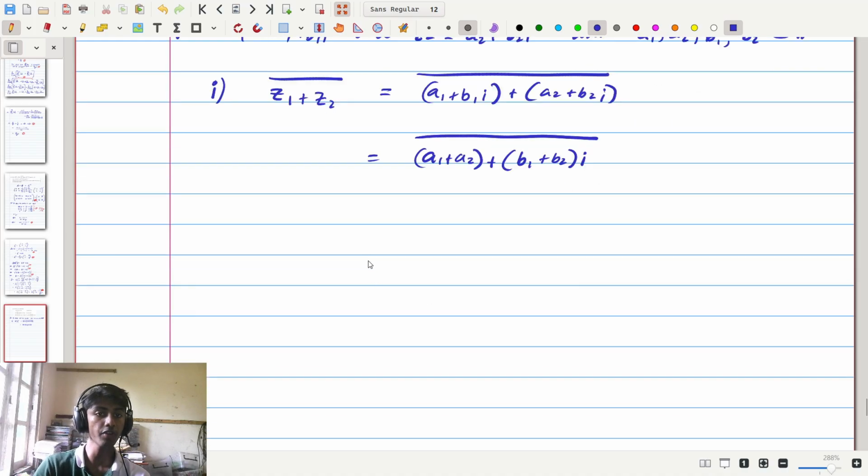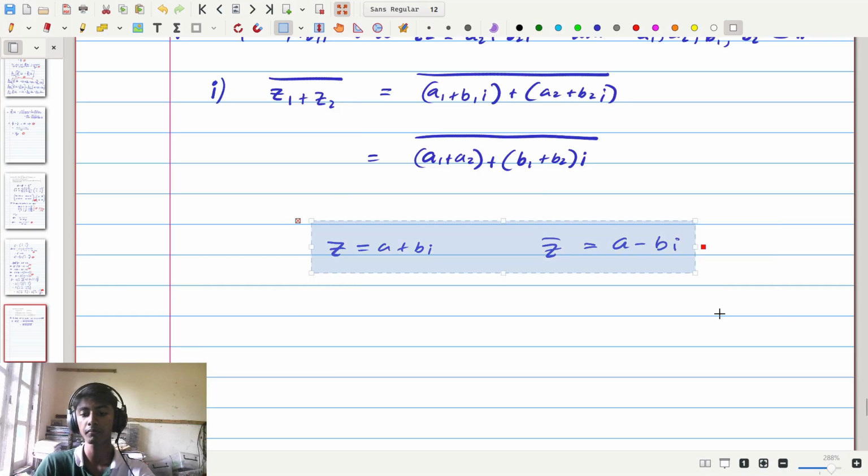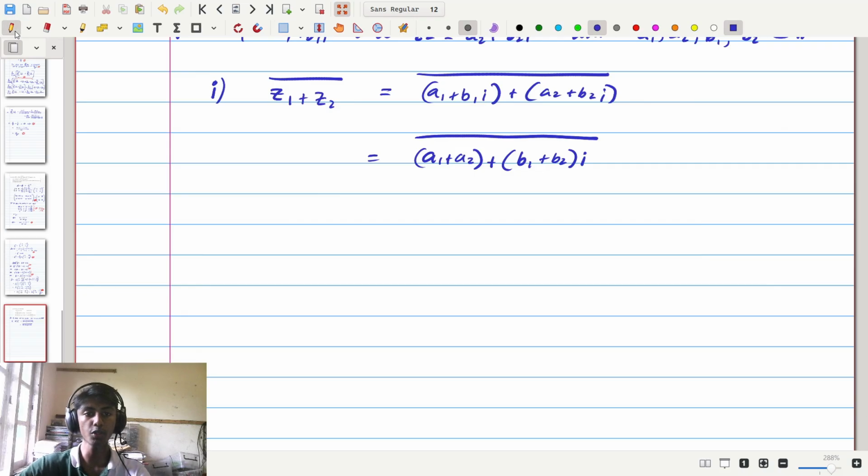Now at this point, we have to use the fact that for any complex number Z of the form A plus Bi, the conjugate of Z is equal to A minus Bi. So basically, the imaginary part becomes subtracted. In this case, the real part remains as A1 plus A2, but the imaginary part becomes negative, and therefore instead of plus B1 plus B2 times i, we have minus B1 plus B2 times i.